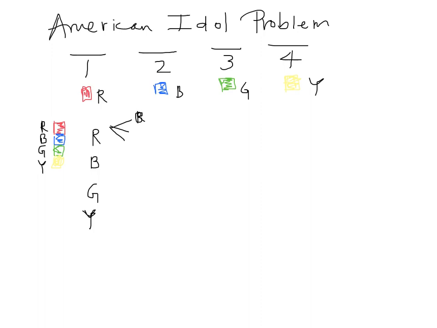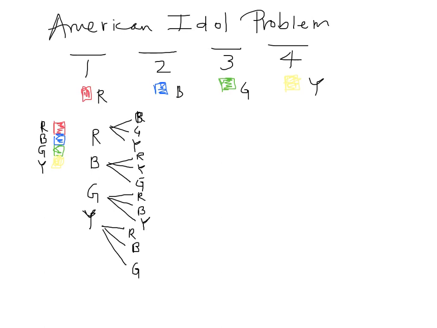So you just have blue, green, yellow, and then for this one, you'd have red, yellow, green, and then for this one, you'd have red, blue, yellow. And then for yellow, I'd have red, blue, green.